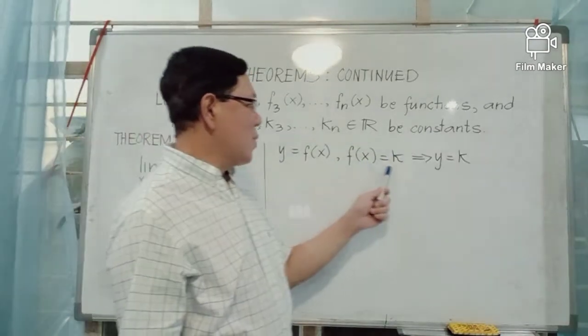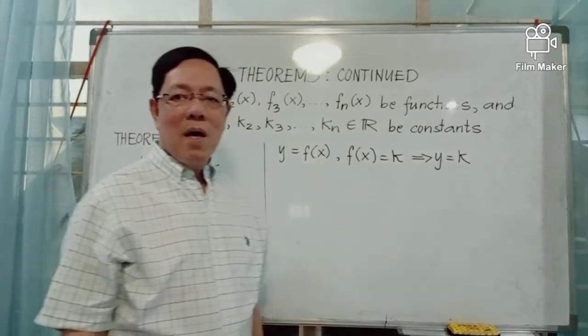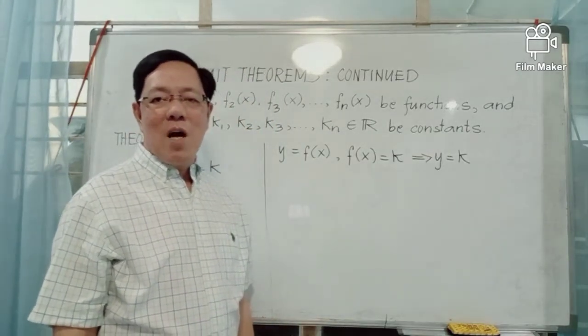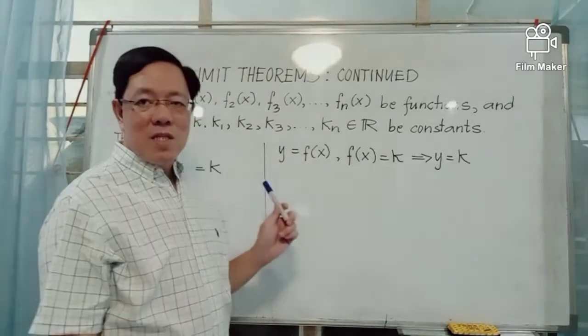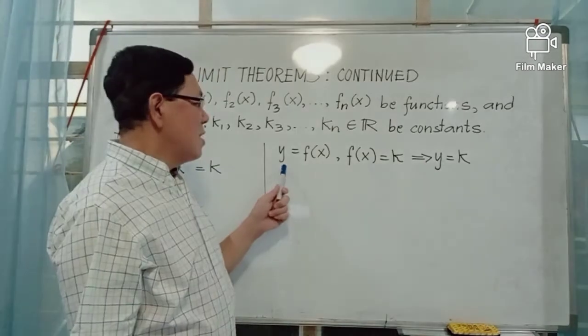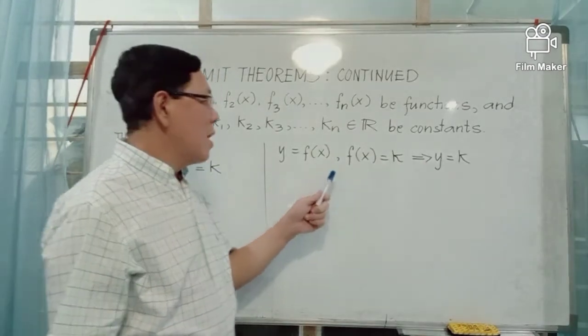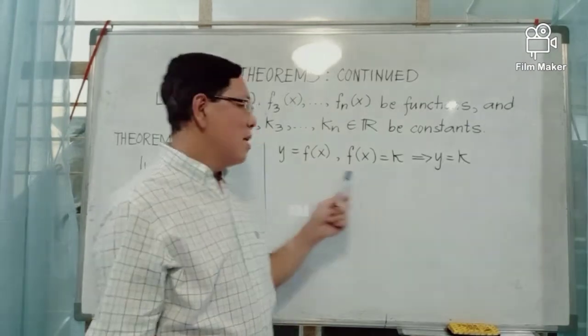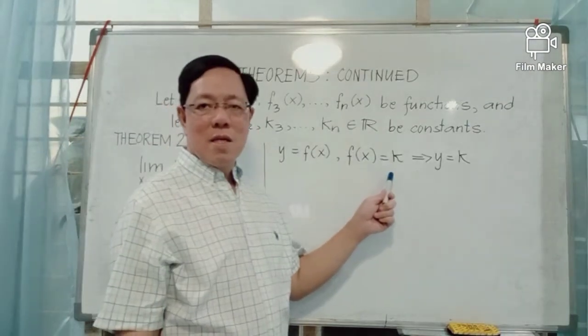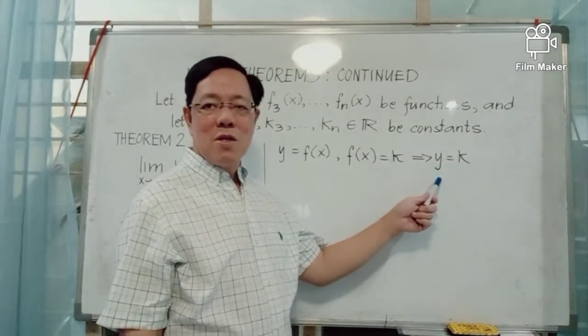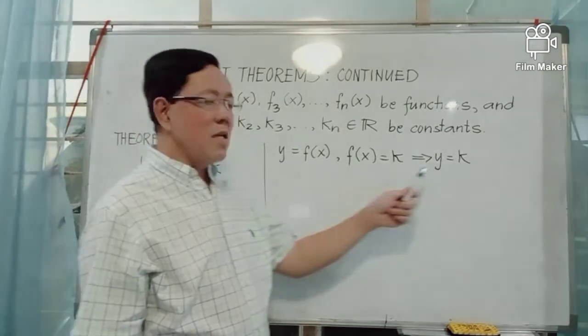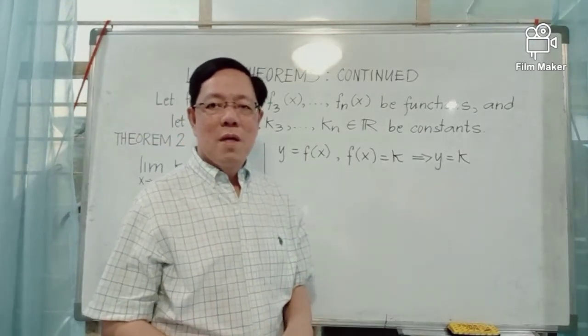So y equals k by transitive property of equality. The transitive property of equality says if y equals f of x and f of x equals k, then y equals k. So our function here, y equals f of x, is a constant function.